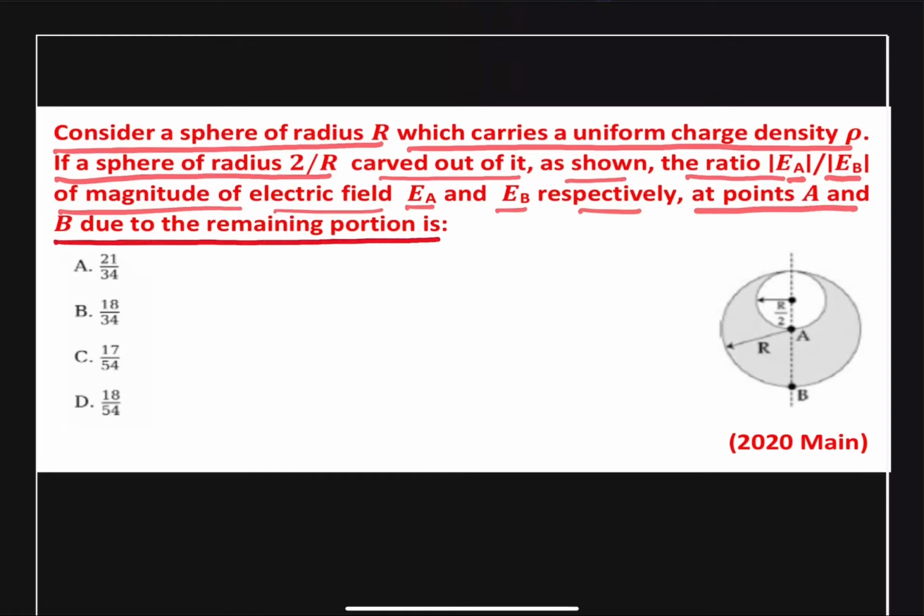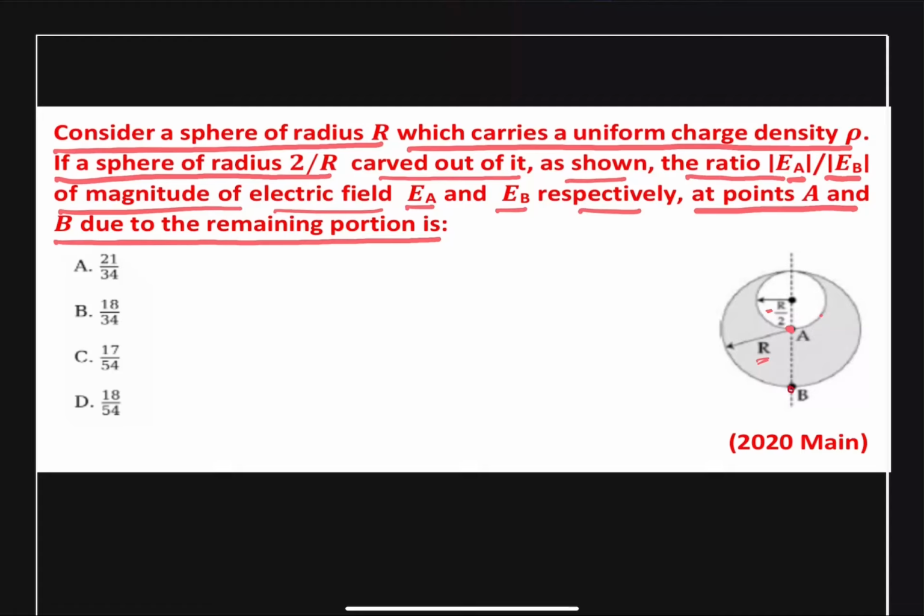A basic figure is given to us. We have a bigger sphere of radius r and a small sphere of radius r by 2 is removed from it, and we have to find out the ratio of electric field at A as well as B.